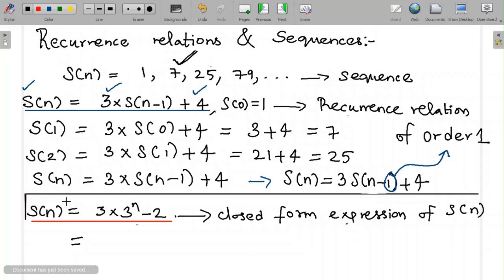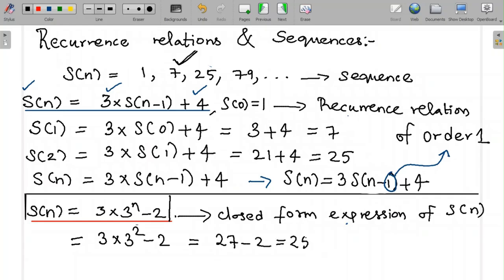If I have this equation, I can directly find S of 2 just by using 2 in the place of n, which means I'll just get back 3 times 3 squared, which is 3 times 9, 27, minus 2, which is 25. The same 25 that we obtained using S of 1 can be obtained without even actually finding what S of 1 is.